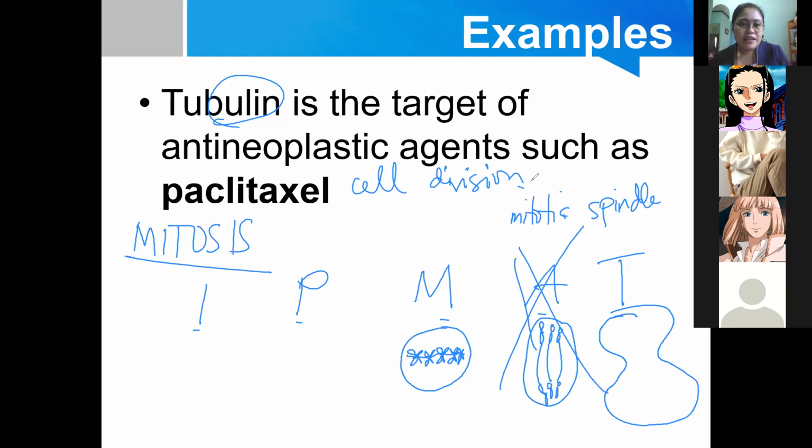Paclitaxel stops cell division by inhibiting tubulin formation. Without tubulin, there is no mitotic spindle, so anaphase cannot proceed, and without anaphase there is no cell division. That is paclitaxel.